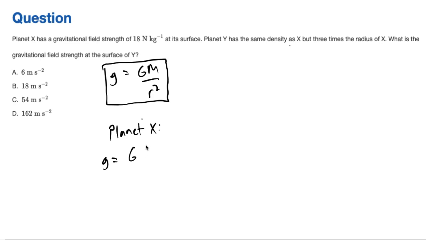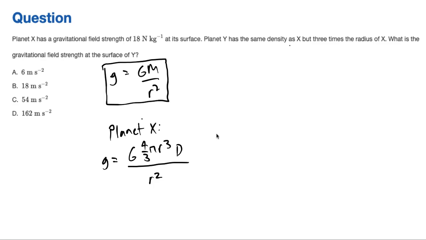So the volume of a sphere is always 4/3 pi r cubed, where r is the radius of this planet X, and the density d. We just put it as that variable, and the planet has a radius of r, so the bottom would be r squared. We're basically using the gravitational field strength formula.